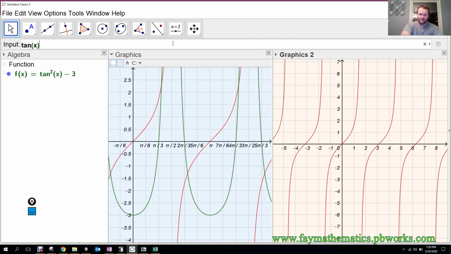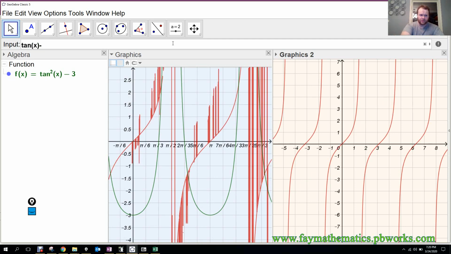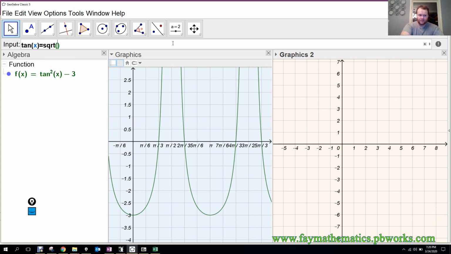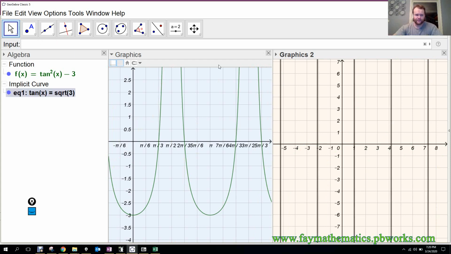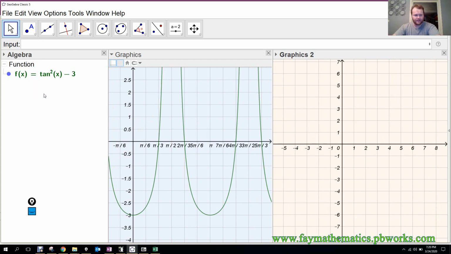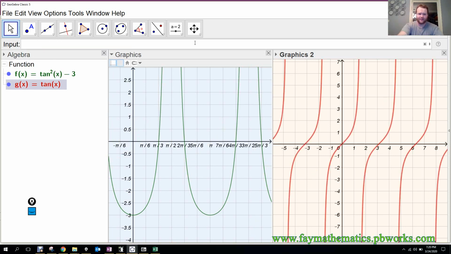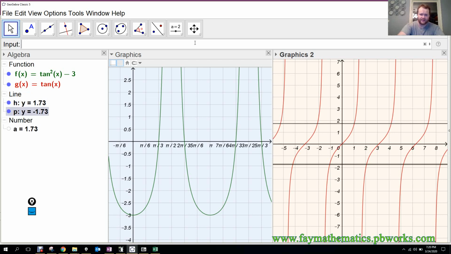encompassed in the solutions to this tangent of x equals square root of 3, and tangent of x equals negative square root of 3.